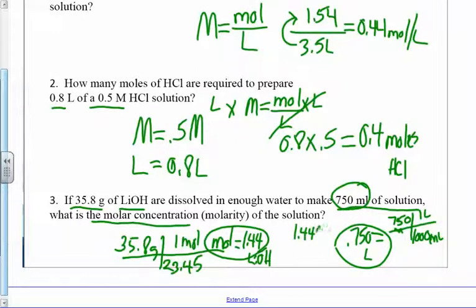1.44 moles of lithium hydroxide, and we have a 0.750 liter solution of that. We're going to divide 0.750 into 1.44, and we will come up with a 2.0 molar solution.